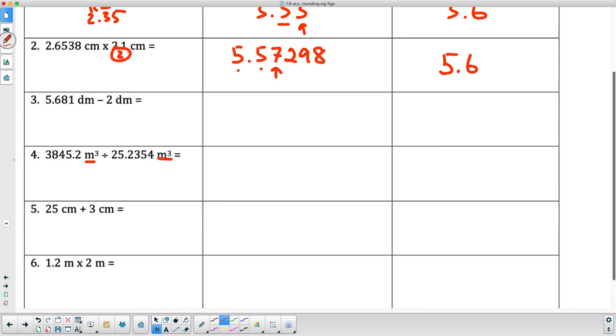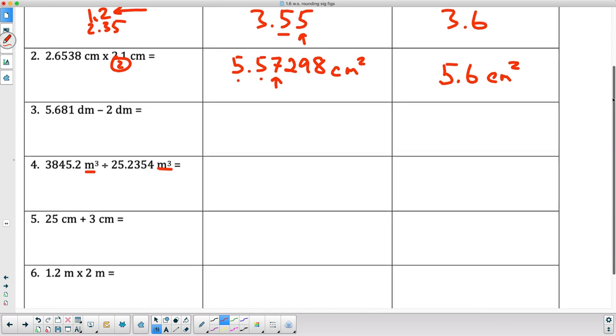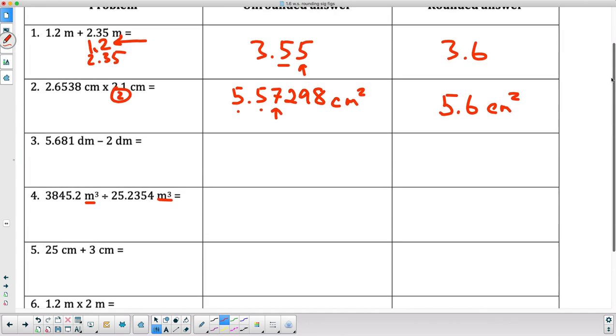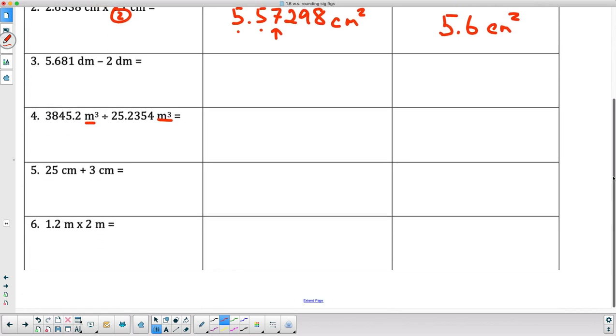I probably could put centimeters with this and centimeters with this, although that's multiplication, so it should be centimeters cubed, centimeters cubed. What is the first one for the units? The first one is just meters, like that.